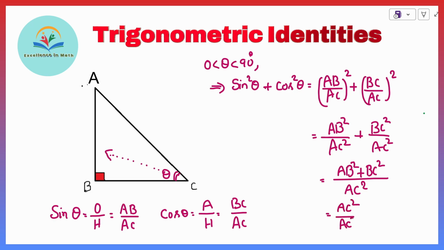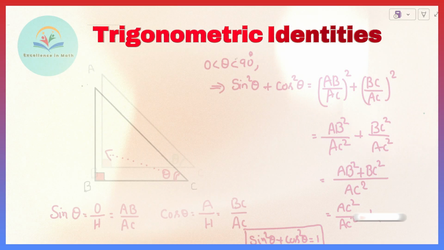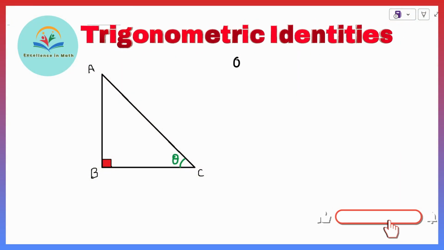AC square over AC square is equal to 1. Clear? So the most important identity that we are going to use in trigonometry, that is sin square theta plus cos square theta is equal to 1 for any acute angle theta.